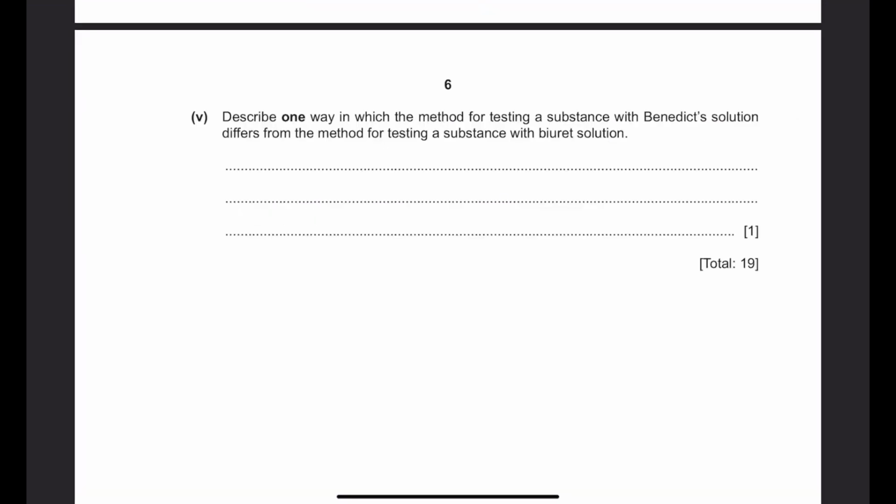Number 5, describe one way in which the method for testing a substance with Benedict solution differs from the method for testing a substance with Biuret solution. So it's talking about the one way in which the method is different. For Benedict solution, you actually have to heat it.